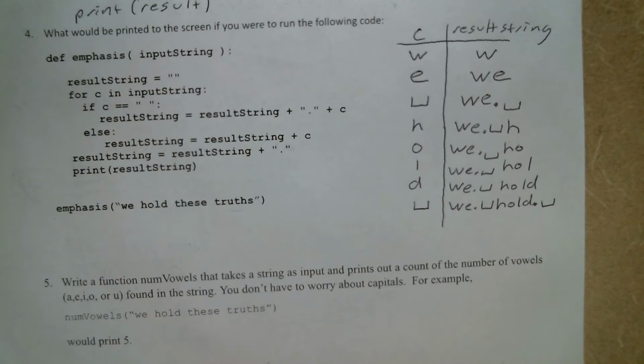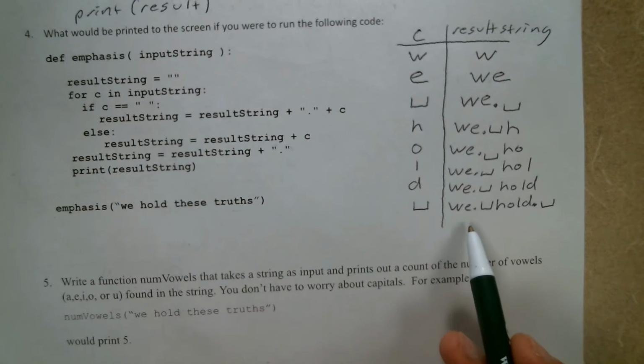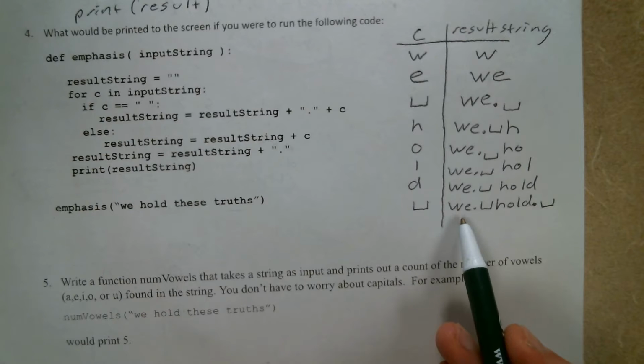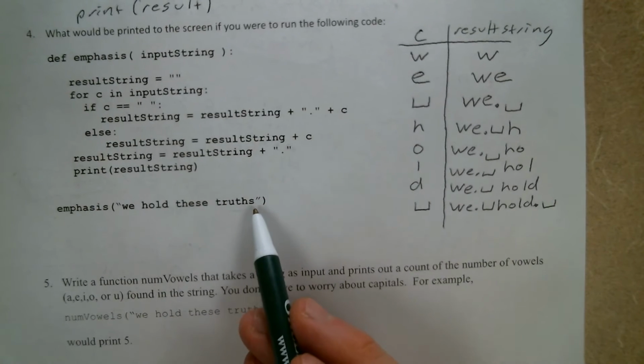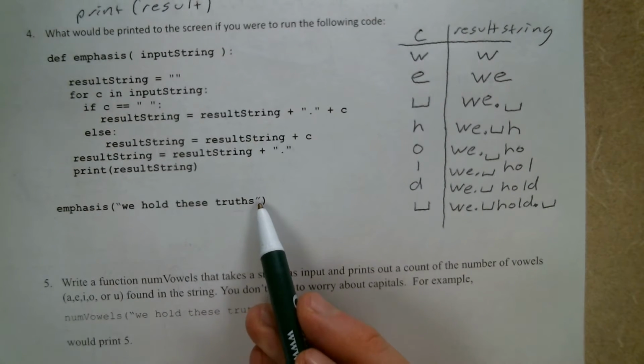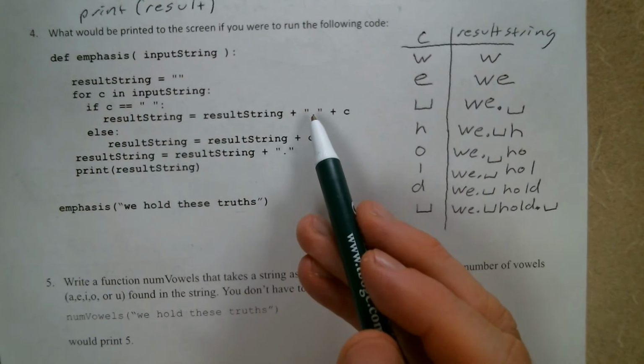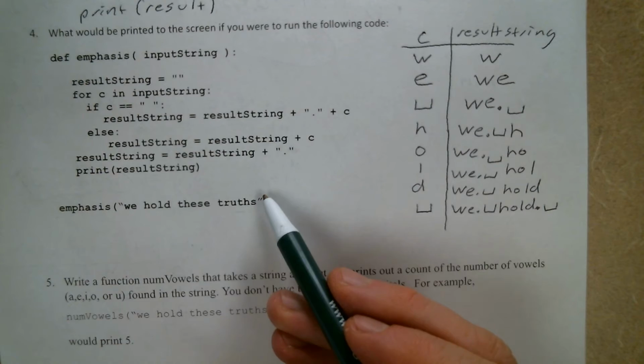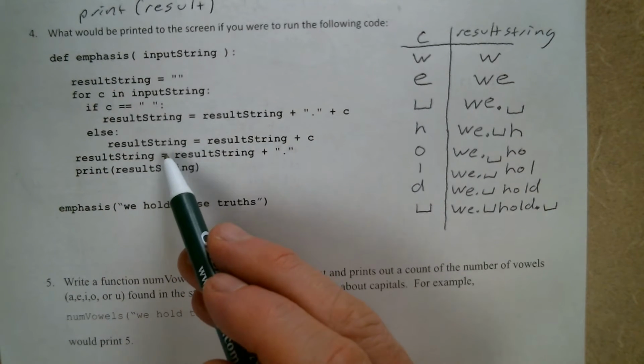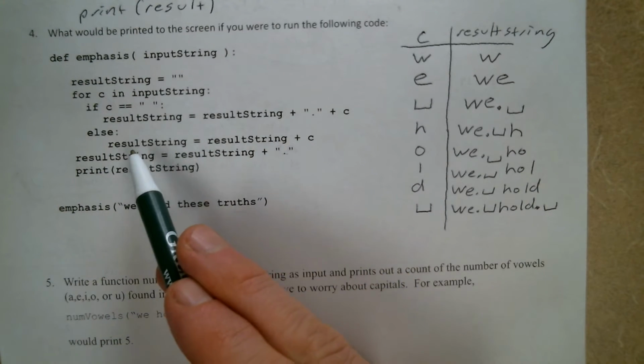So what we can see happening here is basically it's putting a period after each word. Now, when we get down to this last word, there's no space, so we're not actually going to enter this if statement. The string ends with the S, but that's why they have this period here at the end of the loop.